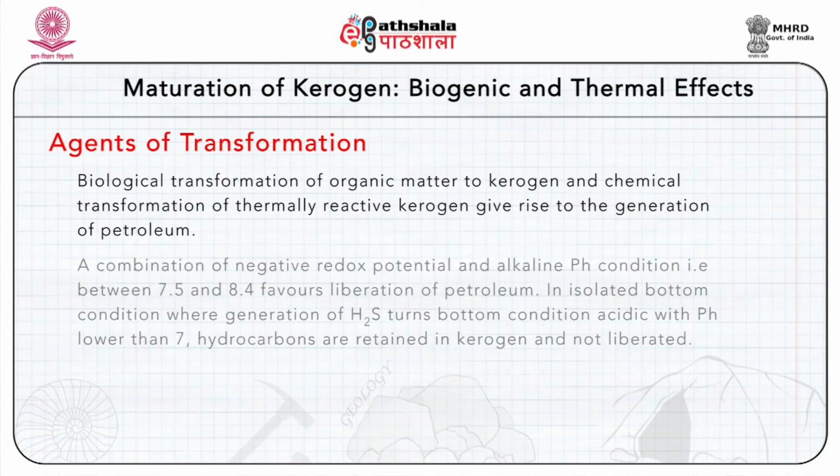A combination of negative redox potential and alkaline pH condition, between 7.5 and 8.4, favors liberation of petroleum. In isolated bottom conditions, where generation of H2S turns the bottom acidic with pH lower than 7, hydrocarbons are retained in the kerogen and not liberated.